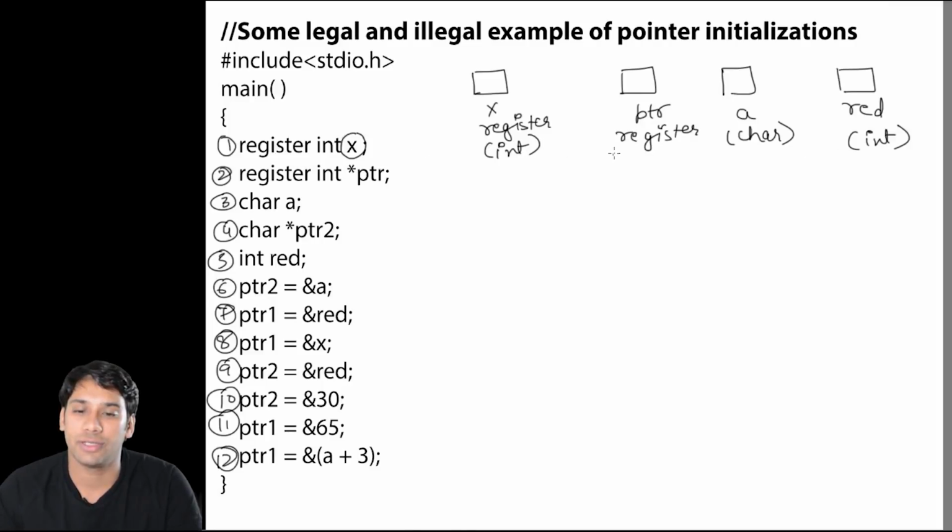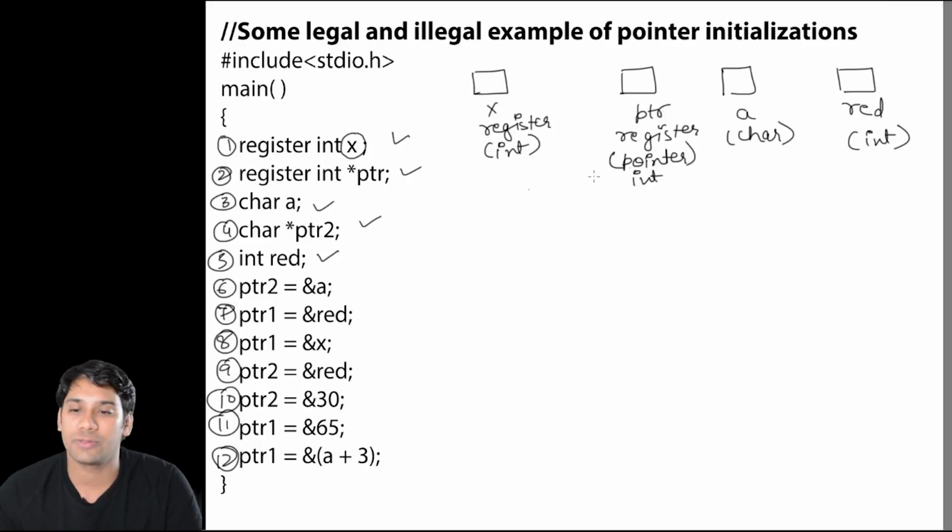It is an integer pointer. a is a character and red is an integer. So we have covered line number 1, 2, 3, 4 and 5. Now in line number 6, I am storing the address of a into this pointer 2.